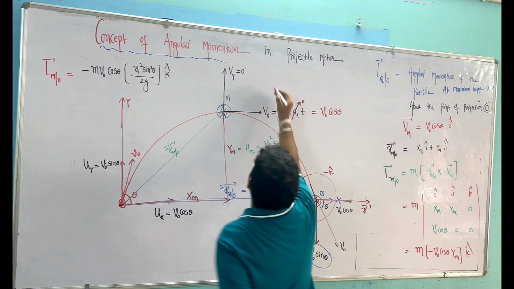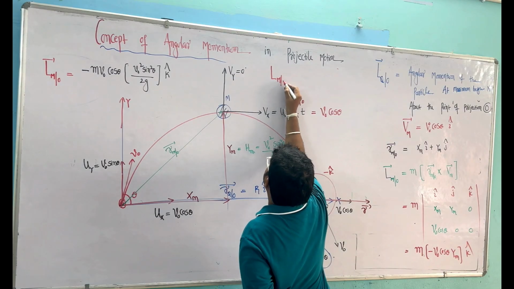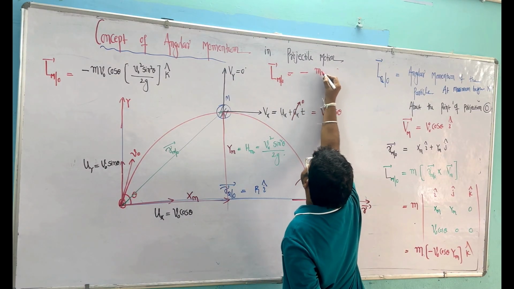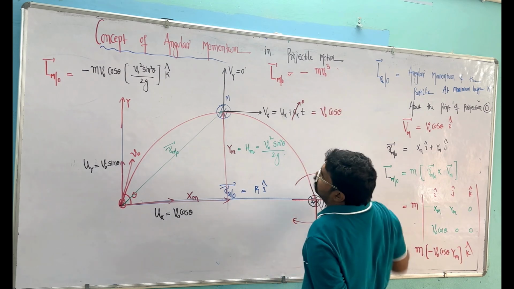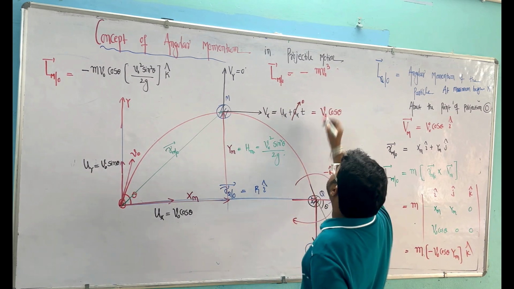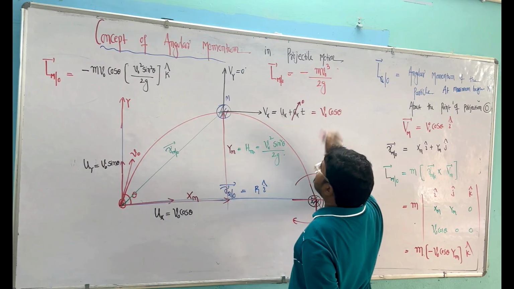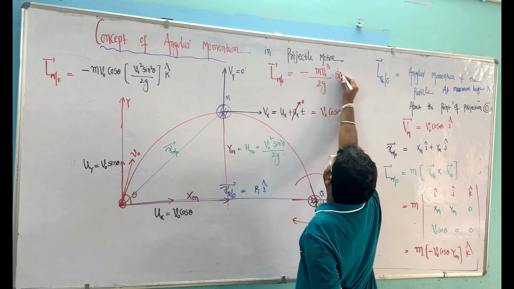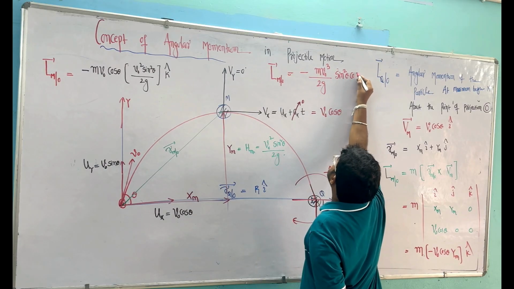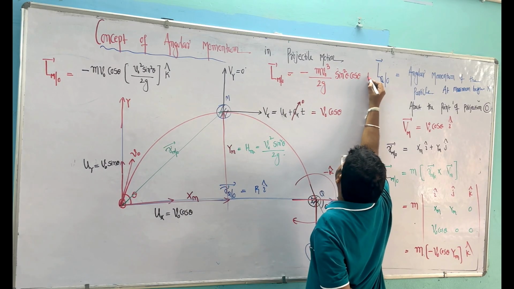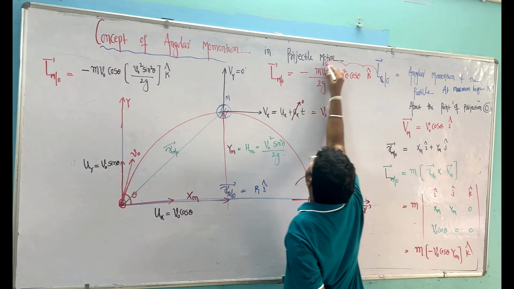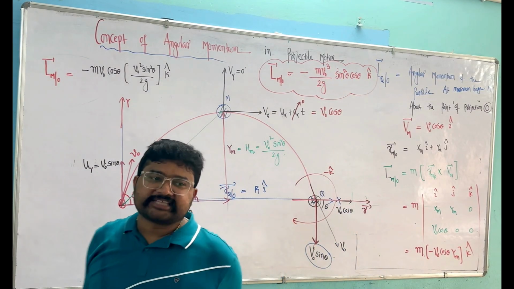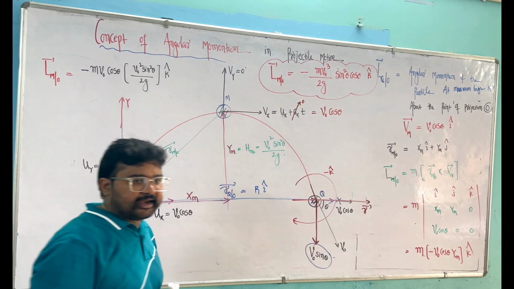L at M about point O is minus m times V naught cube by 2g into sin square theta cos theta K cap. Understood? Are you getting the same? Check it once.